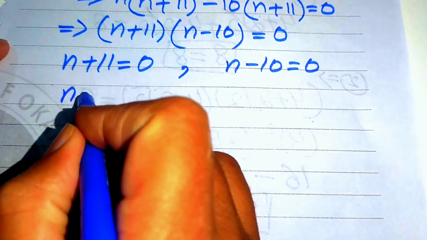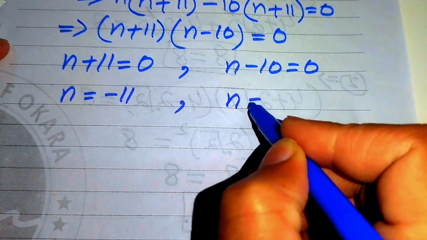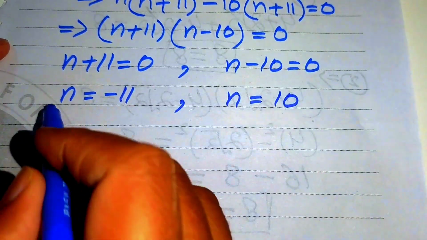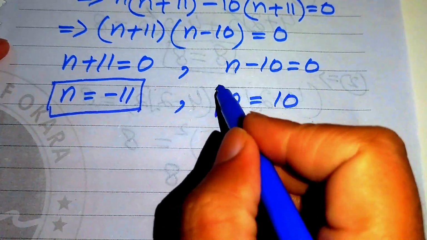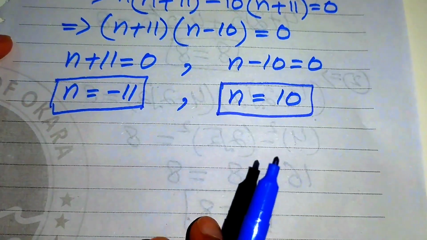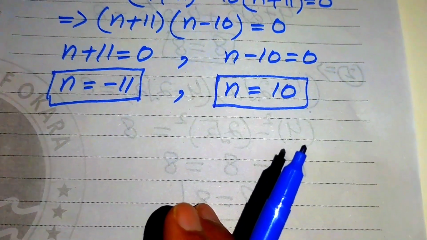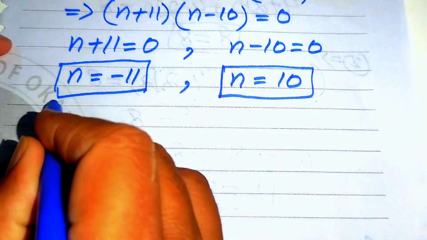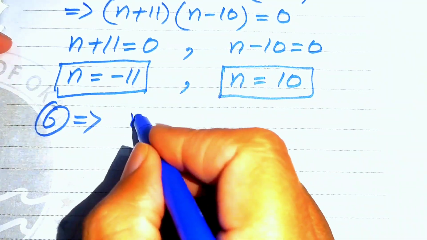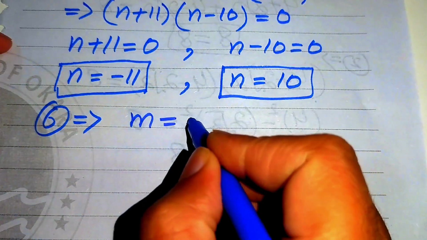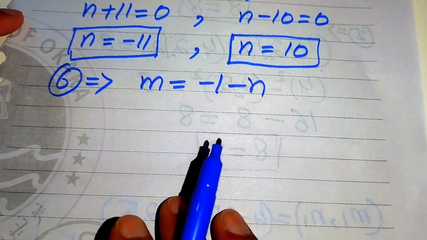So in the first case we get the value of n equals minus 11, and in the second case we get n equals 10. So these are the two values of n. Now from these two values of n we find the values of m. So here we use equation number 6: m equals minus 1 minus n.